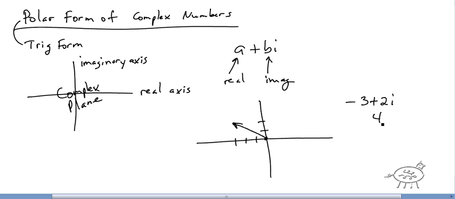Here's another example: 4 is 4 plus 0i. You don't write the 0i, but we just go over 4, and here's that vector. And we can do negative 3i, which is right down here, and that's that vector. Again, these are all vectors.